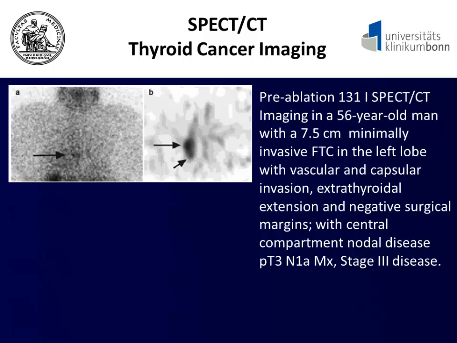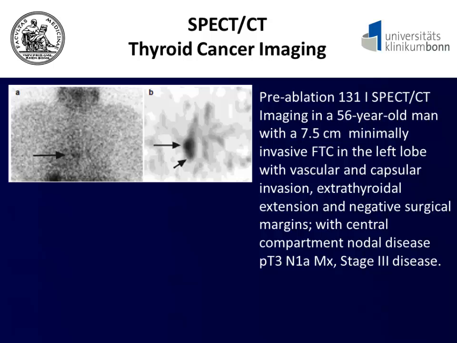Another example, a pre-ablation iodine SPECT CT imaging in a 56-year-old man with a 7.5 centimeter minimally invasive follicular thyroid cancer in the left lobe with vascular and capsular invasion, extrathyroidal extension, and negative surgical margins with central compartment nodal disease. It means a pT3 N1a tumor.